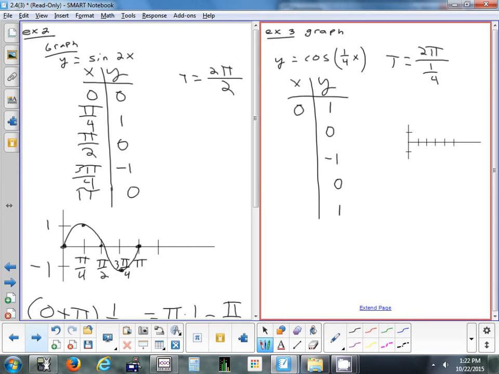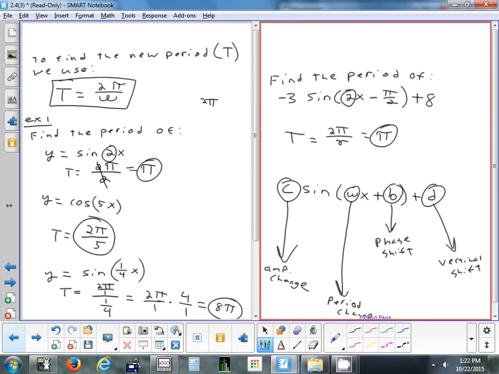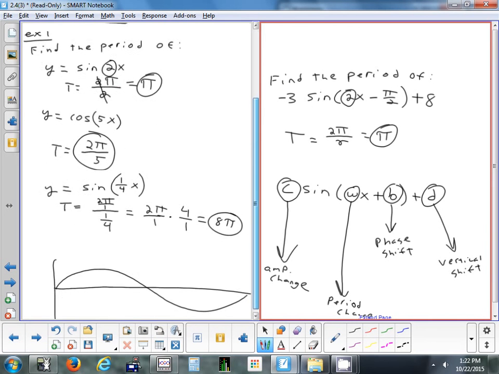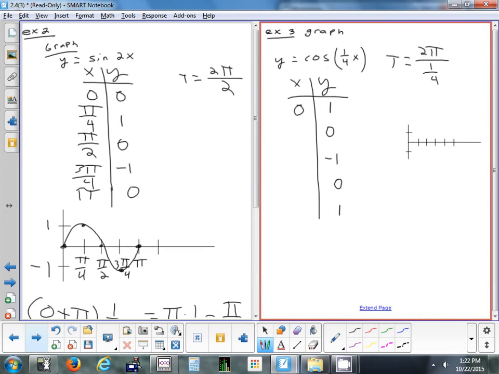That's a problem I already did with you guys. Right here, this was sine 1/4. We're doing cosine 1/4. It's the same period though, just different y values. So 2 pi divided by 1/4 is 8 pi. We already went through that. So we're going to end at 8 pi.